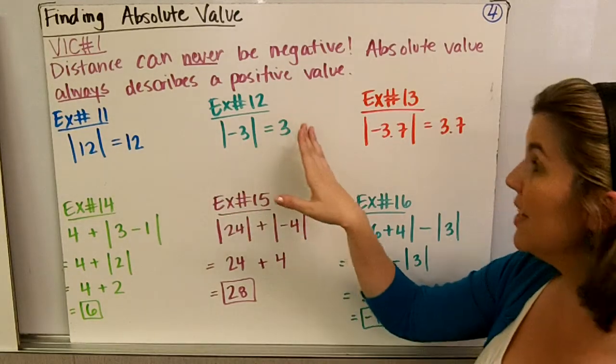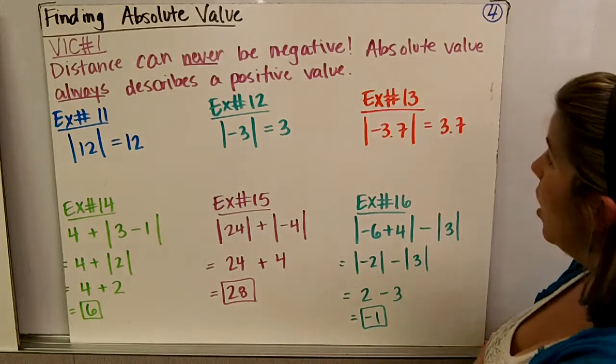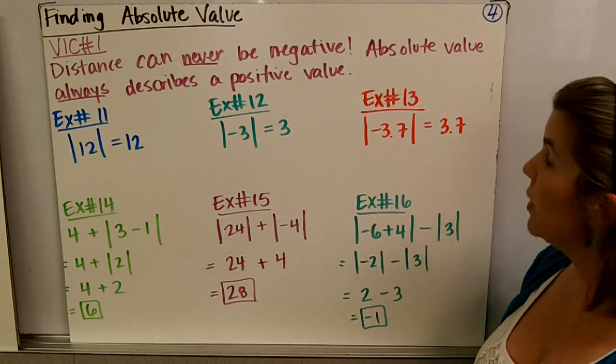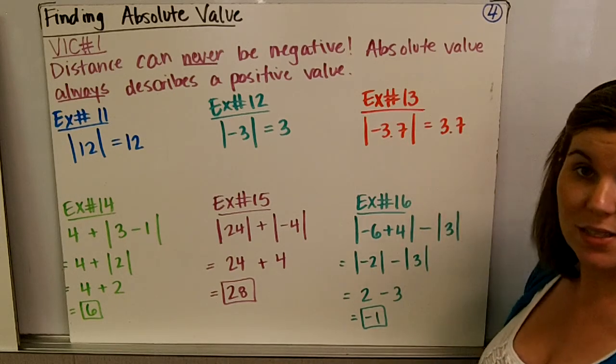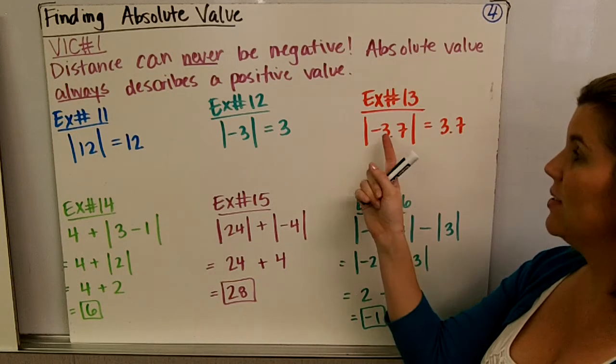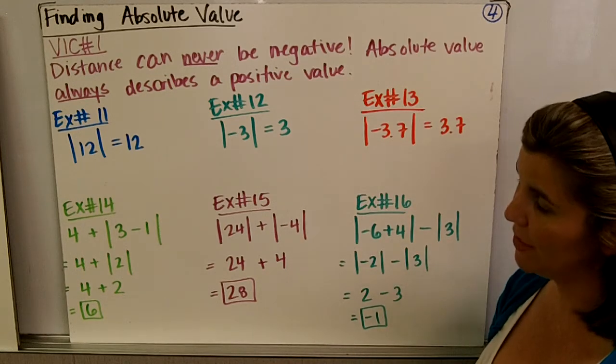Absolute value of negative 3 is 3 because negative 3 is 3 places from 0 on the number line. Example number 13, absolute value of negative 3.7 is positive 3.7. Remember, taking the absolute value means taking that sign away, finding out how far it is from 0.